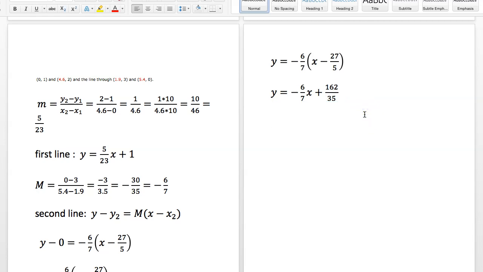This won't reduce because I couldn't cross cancel. There's no way it'll reduce. If you can't cross cancel, it's not going to reduce later. So this is my second line. That was my painful second line.